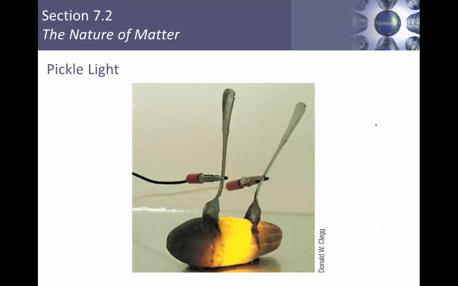All right, we want to start to try and relate the idea of light and matter kind of having a similar relationship. Here's an example of what we call the electric pickle or the pickle light. Electricity is being run through the pickle, and the sodium atoms in the pickle are being excited, and electrons are jumping energy levels.